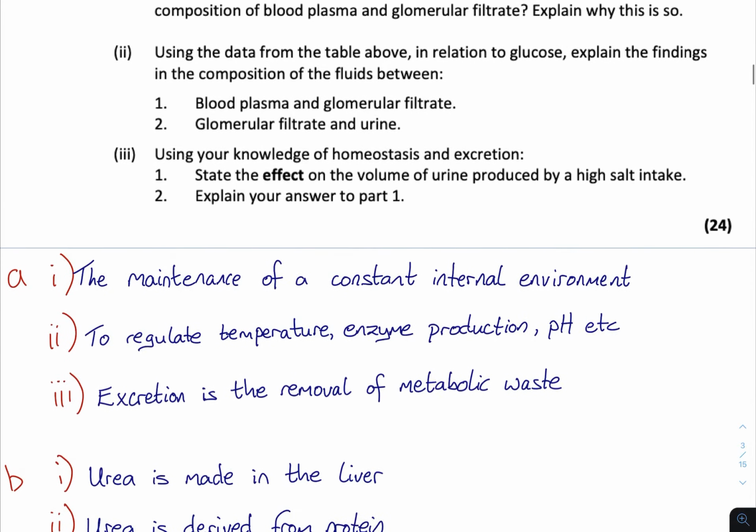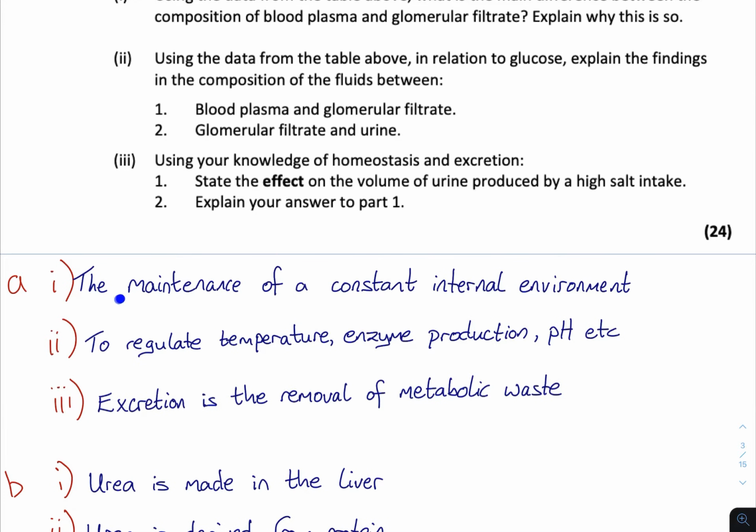So homeostasis is the maintenance of a constant internal environment. For instance, our bodies need to be maintained at 37 degrees Celsius for our enzymes to work efficiently. The pH in our bodies needs to be specific for our enzymes to work as well.